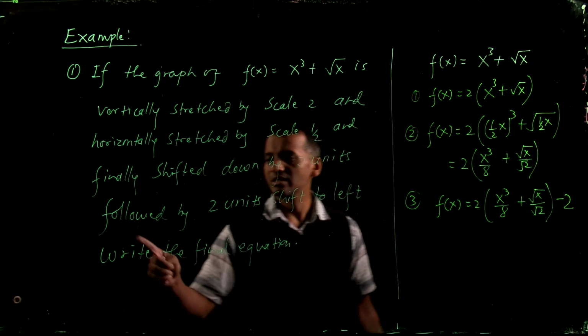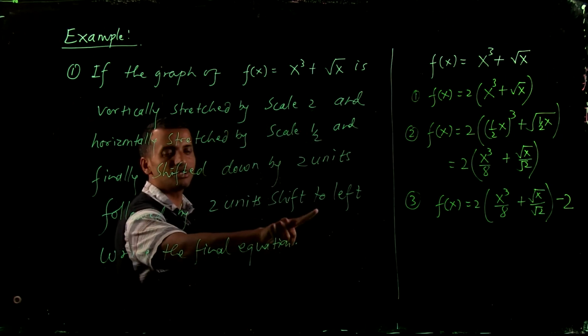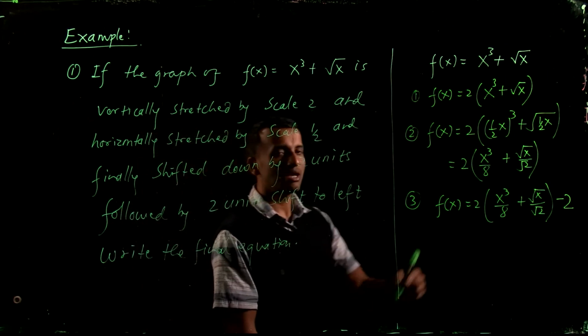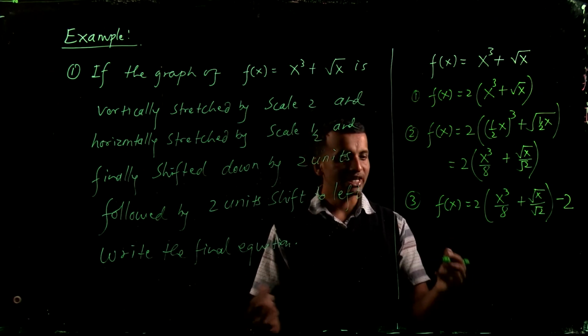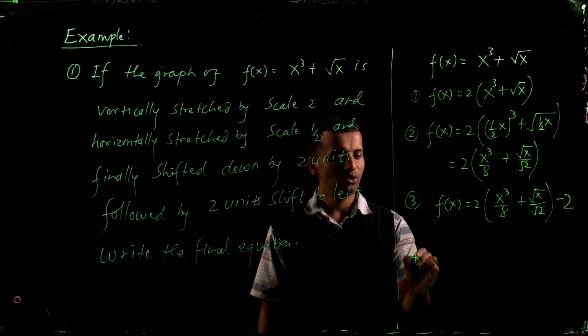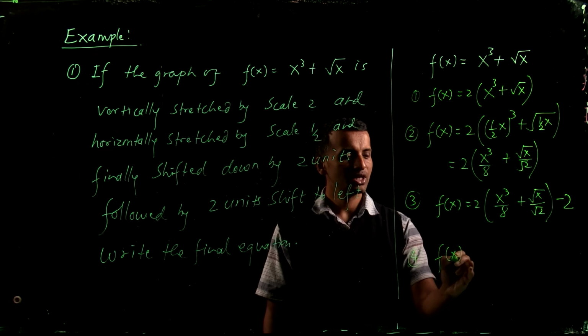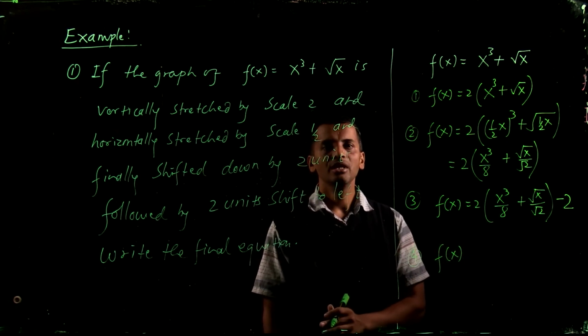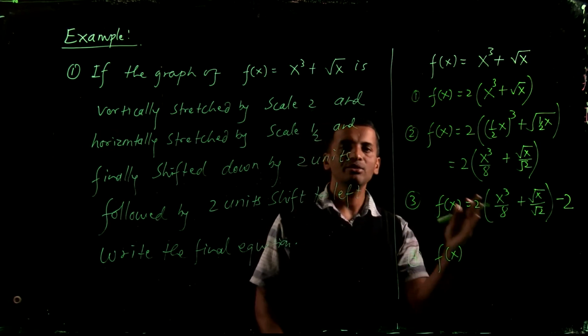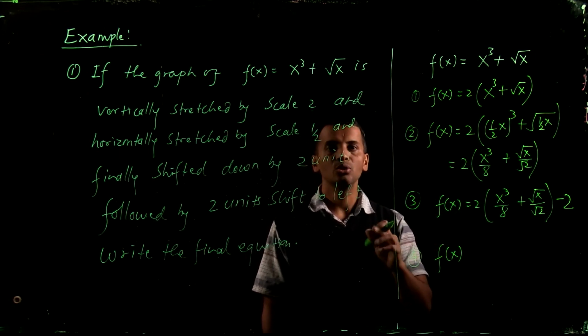And this is followed by a 2 units shift to the left. So number 4, you are shifting 2 units to the left. When you shift left or right, you should add or subtract to x only, right?